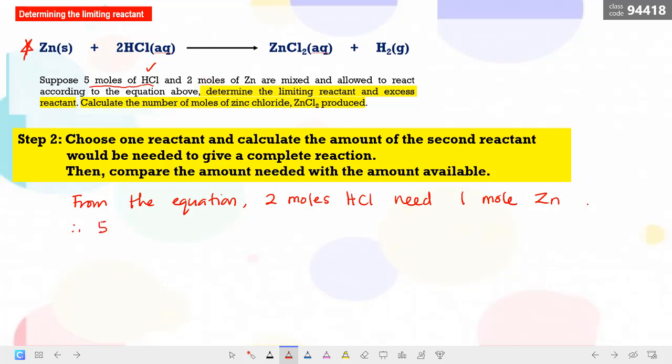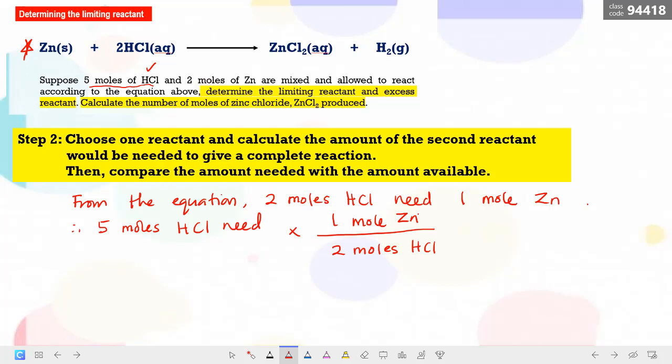Therefore, 5 moles HCl need how many moles of zinc? So, kita akan gunakan perkadaran. Relationship. So I have to divide by 2 mole HCl times 1 mole of zinc.